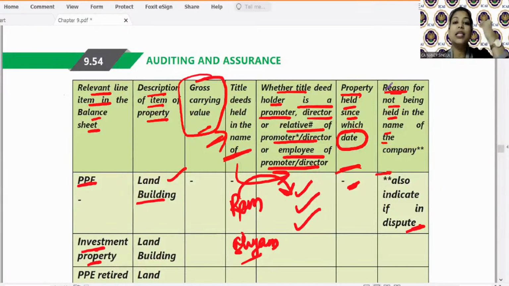Shareholders gave their money to the company so that it can earn profit, invest it, buy properties, and carry out operating activities. Though that money has been utilized, the property is not in the name of the company. So management was told by Schedule 3 that you need to give that disclosure in the notes to accounts.